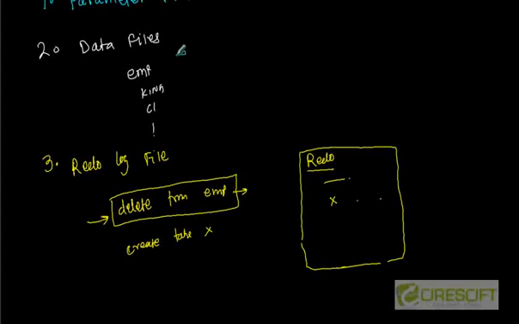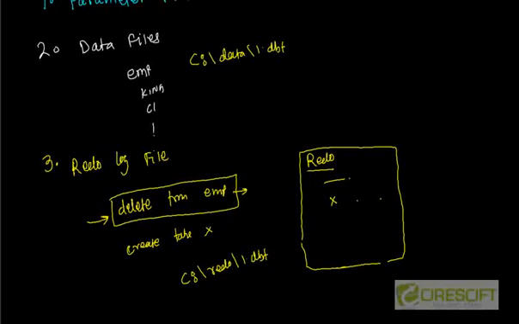Then the number 4 file is the control file. The control file basically contains a directory of all the other files. For example, the control file tells the instance where the data files and redo log files are. Let's say we have a data file called c colon data /1.dbf, and a redo log file called c colon redo 1.dbf.